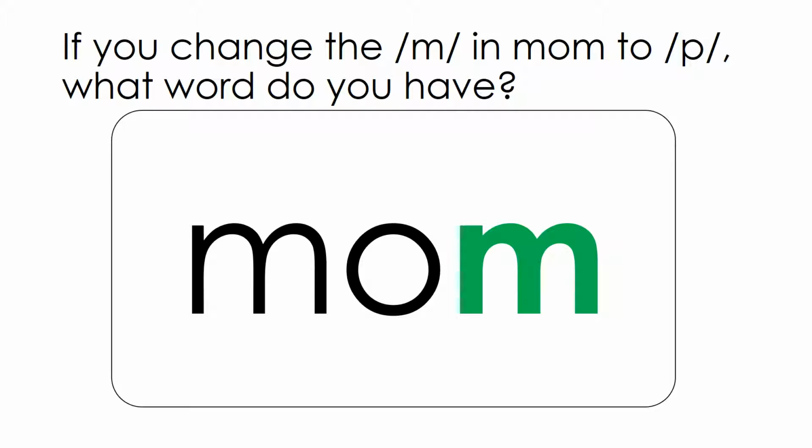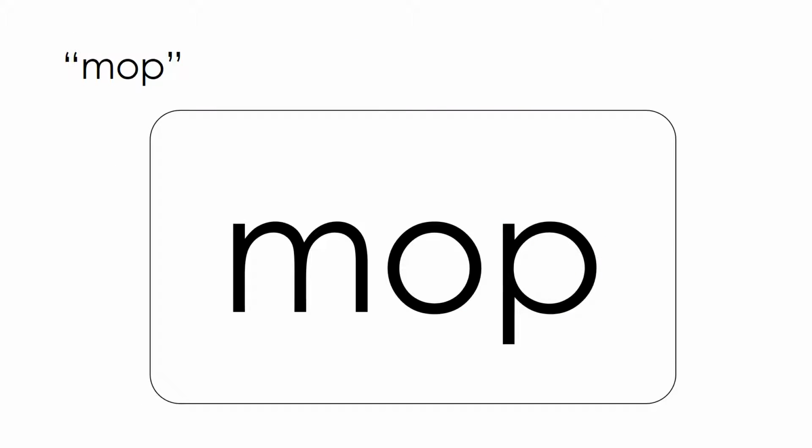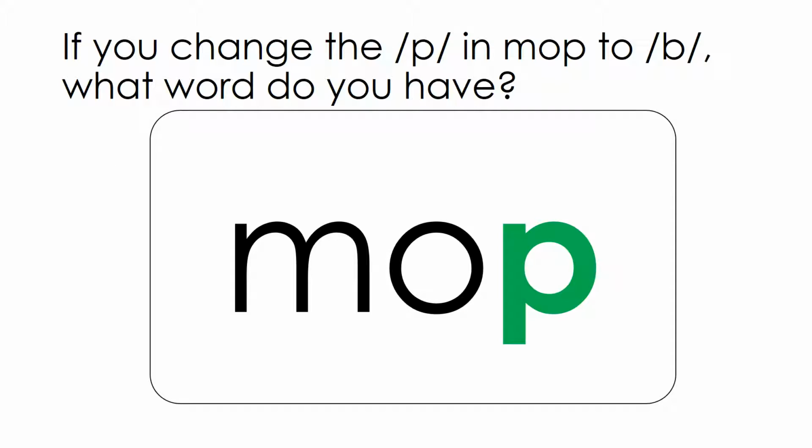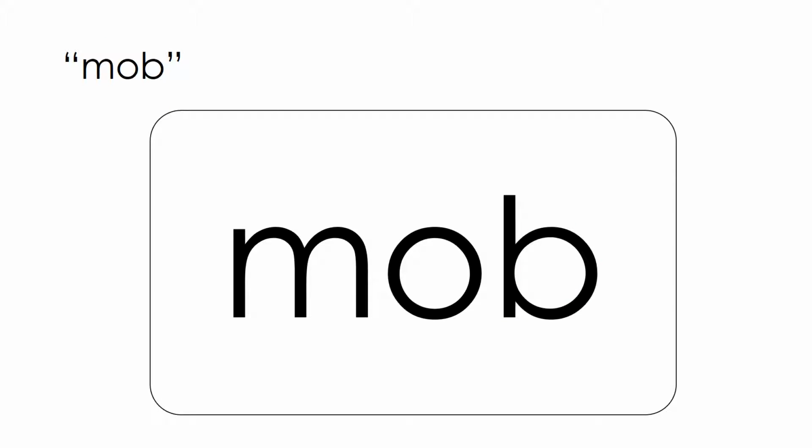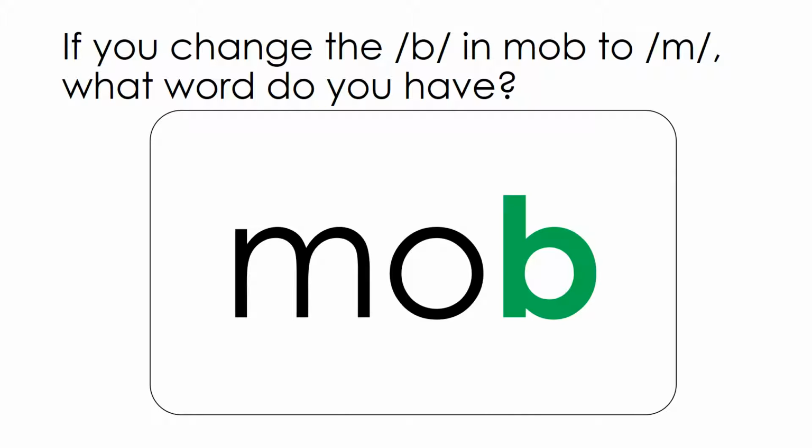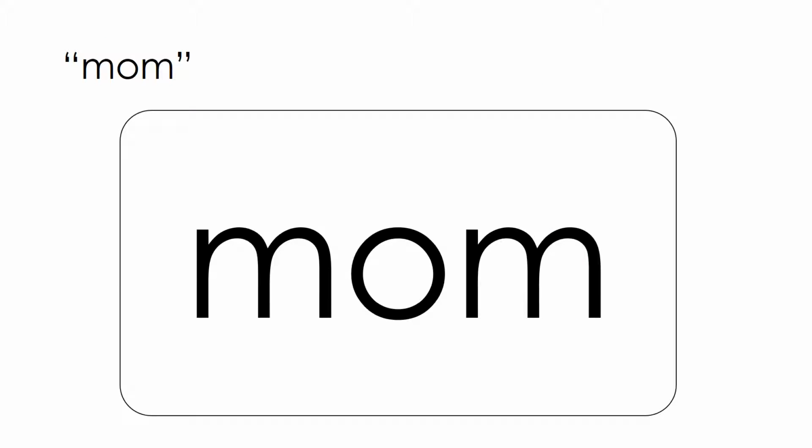If you change the M in mom to P, what word do you have? Mop. If you change the P in mop to B, what word do you have? Mob. If you change the B in mob to M, what word do you have? Mom.